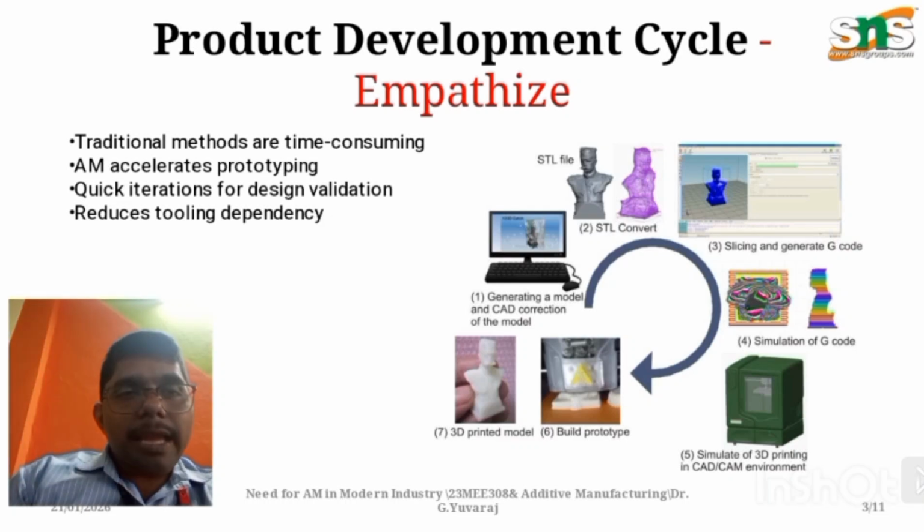So first, generating a model and implementing CAD corrections. Following that, the CAD is converted into STL format, and from the STL format the third process is slicing, which means reading the layer by layer manufacturing of the particular shape. Slicing is done using separate software, and based on that we generate the G code.